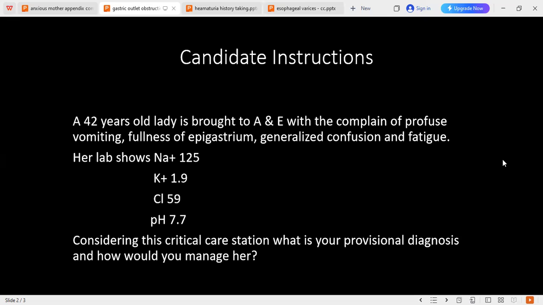Because of that, what has happened? That has led to obstruction of the gastric outlet. Yes. And that has caused metabolic abnormality and dehydration in the patient. There is one situation. What else could there be? Because I asked you what might be the underlying causes.